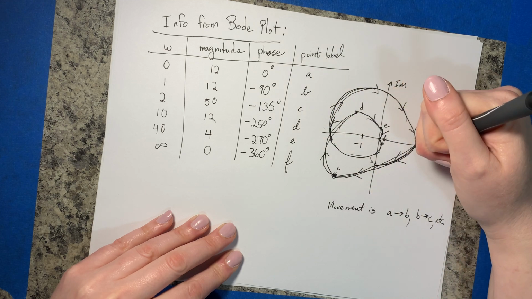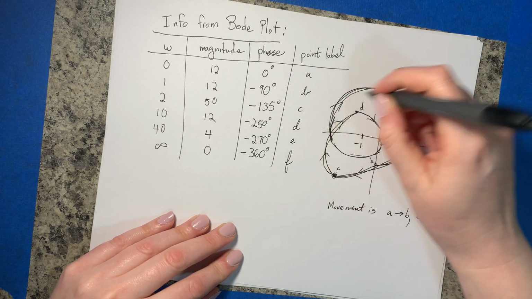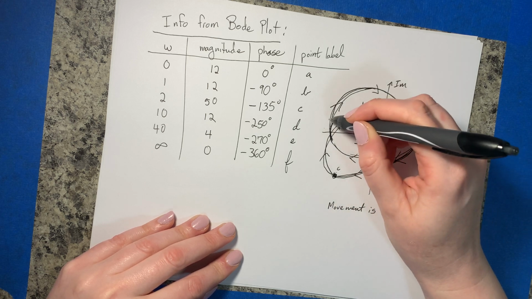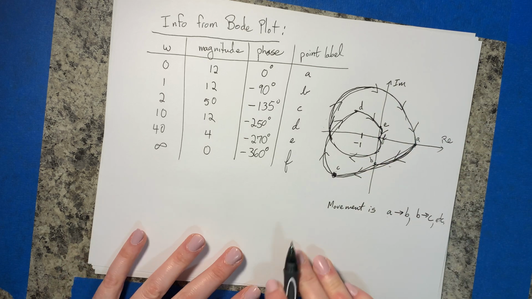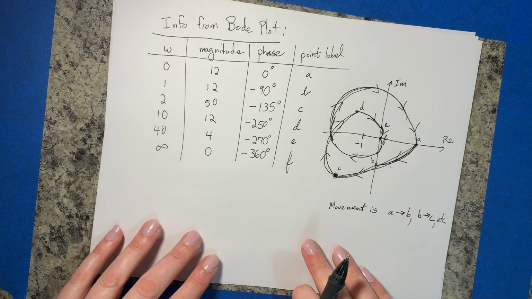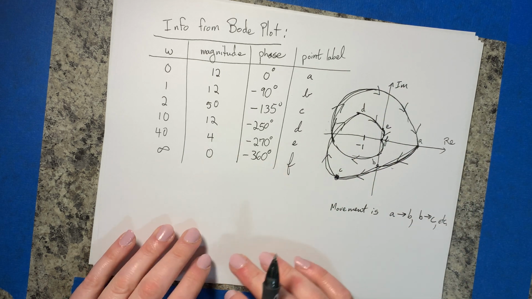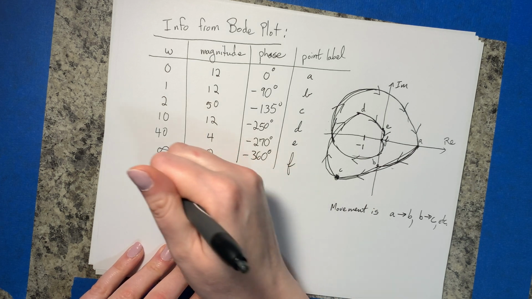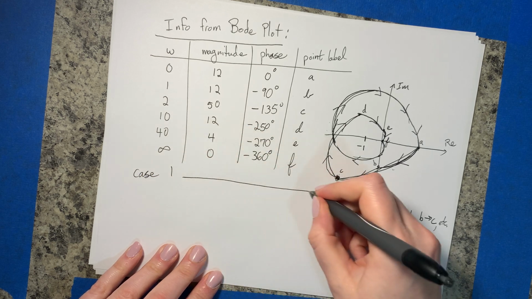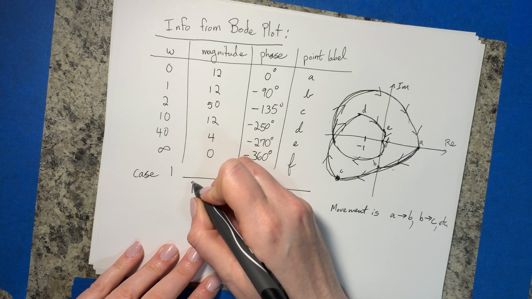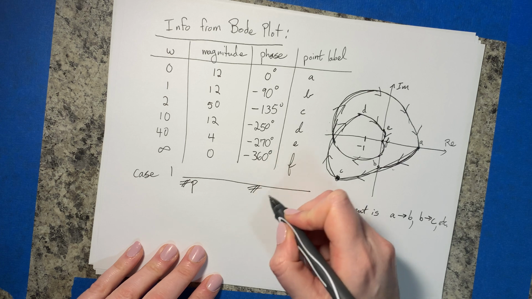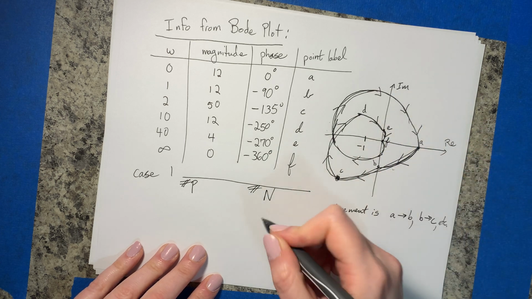And then we go ahead and continue our directions. So you can see we have this kind of double encirclement of the -1, and it's going in the clockwise direction, just like so. Okay, so let's first assess what's going on with this locus, and then we'll come up with some different cases and assess the stability. Let's say we have a case 1, and our number P and our number N, which just comes from the plot itself.